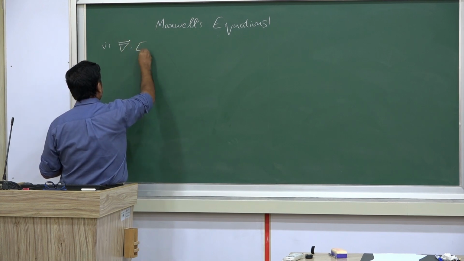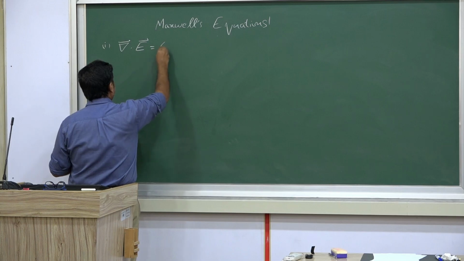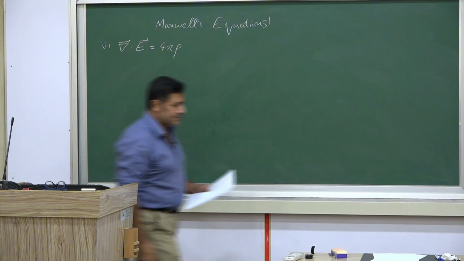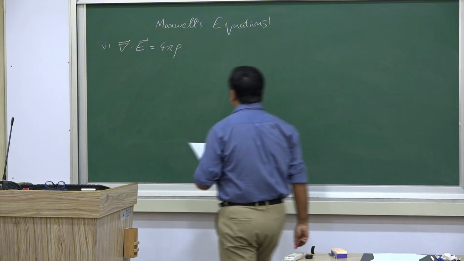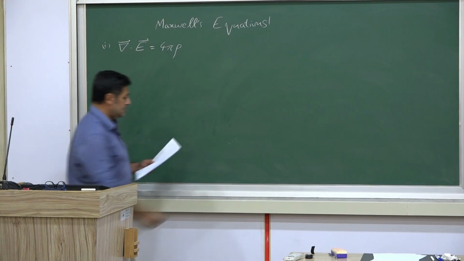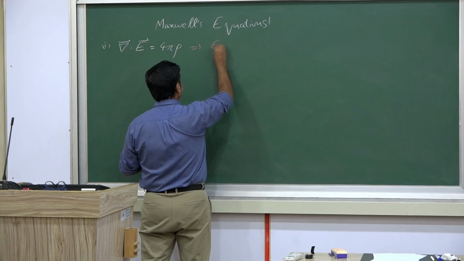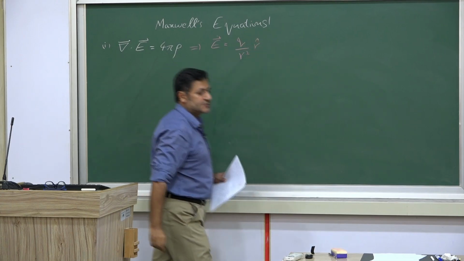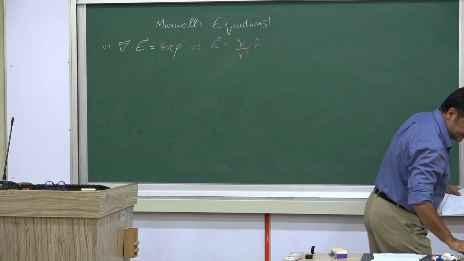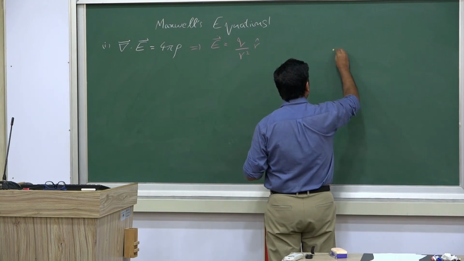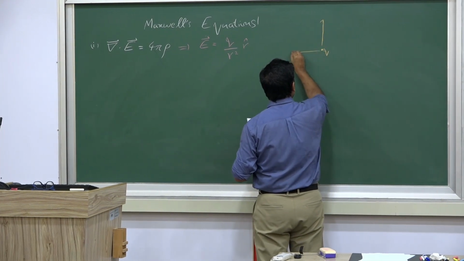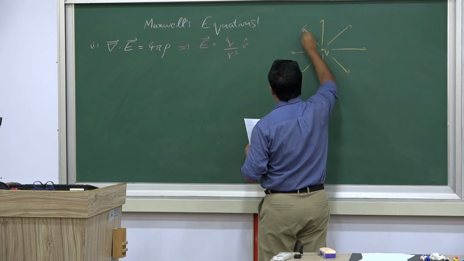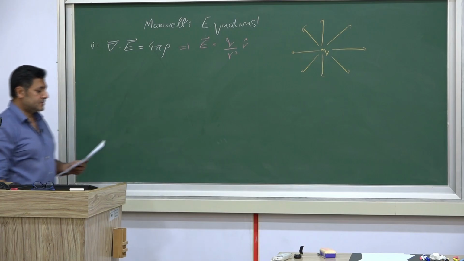One of them is about the electric field. So it's telling you, essentially, I'll be very quick, this is Coulomb's law. The consequence of this is that for point charges, the field is of this form. All these pictures you have seen, that you have a point charge, the field will be going radially outward, and it falls off with the distance squared.